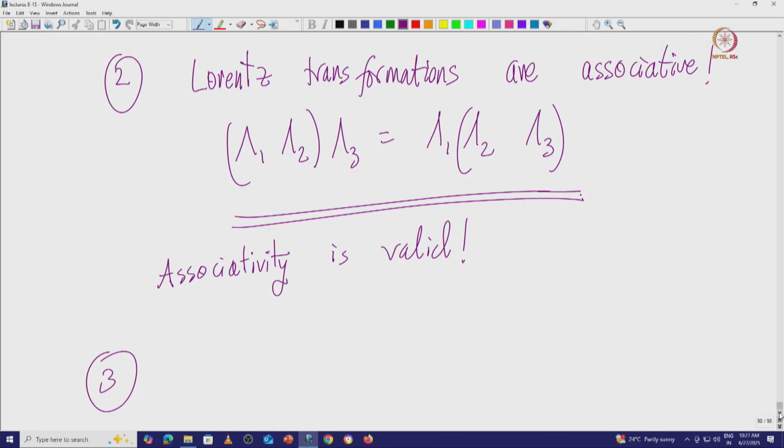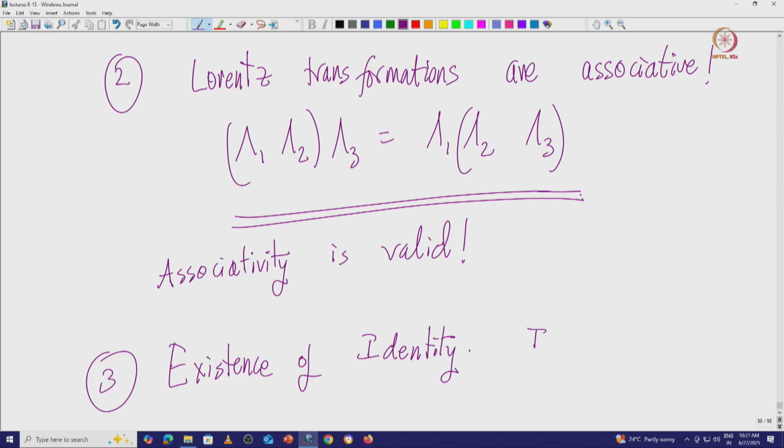Good. Now the important point which comes is the existence of an identity. So there is an identity matrix.